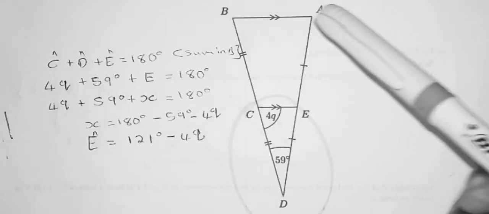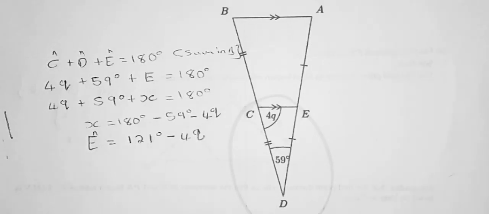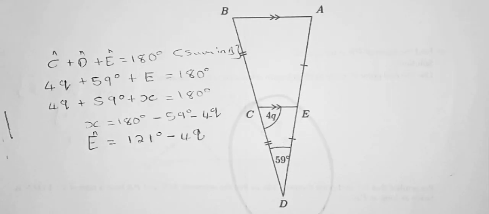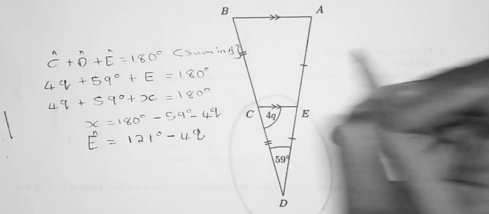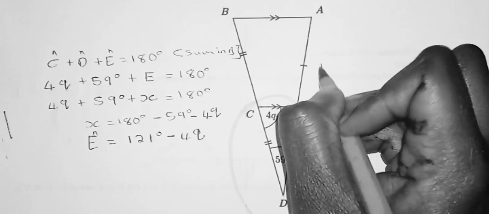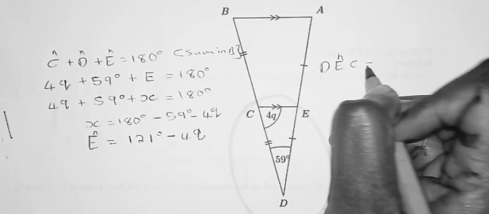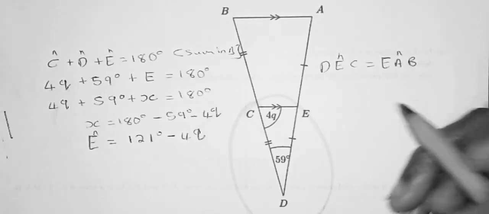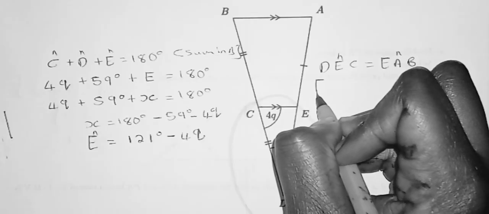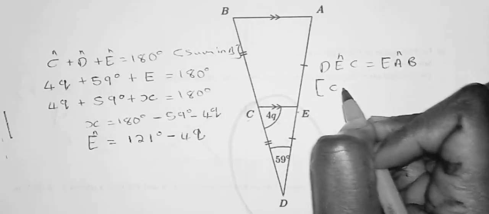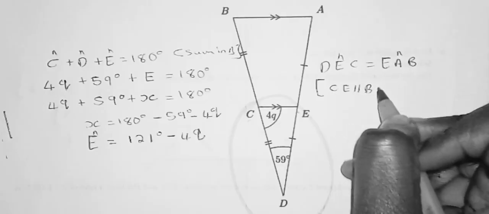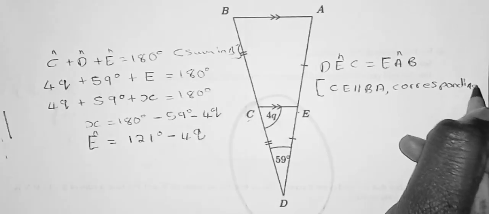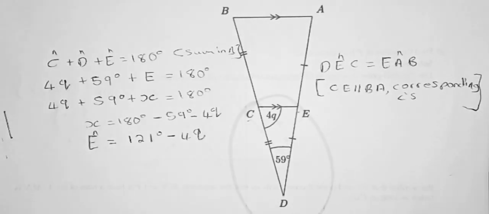Then this angle A is equal to this angle E, and the reason will be corresponding angles. Angle DAC is equal to angle EAB, the reason being CE is parallel to BA, corresponding angles.